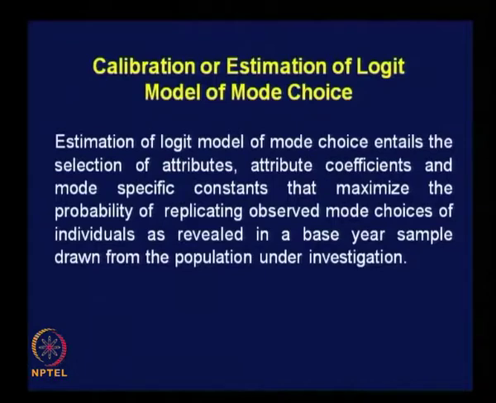Very important, replicating observed mode choices of individuals as revealed in a base year sample, because we collect the data for base year condition, both related to actual mode choice and other attributes of the alternative modes. The information is collected for base year condition.